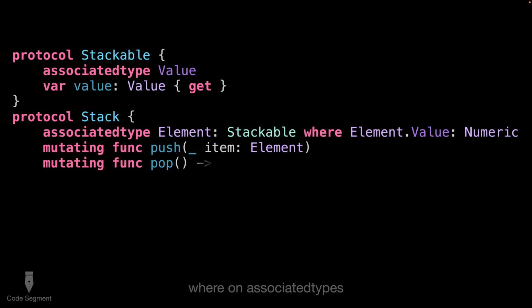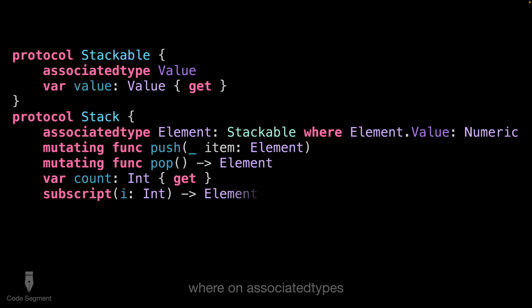So then we can add our stack function, requirements, etc., right? But basically here, what this is kind of saying is that if the element that you pass in implements stackable, then you can only use that element if its value adopts and conforms to numeric, right?